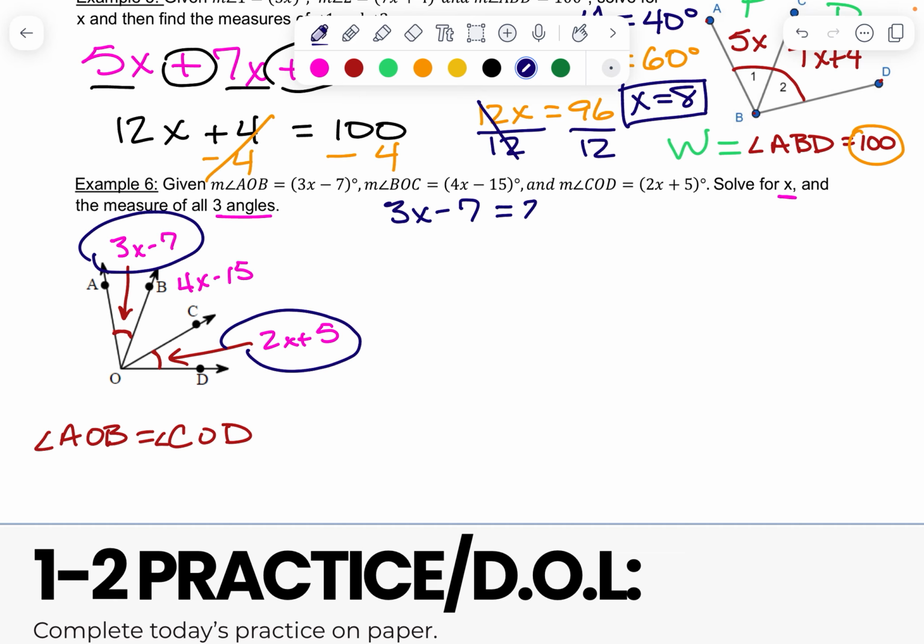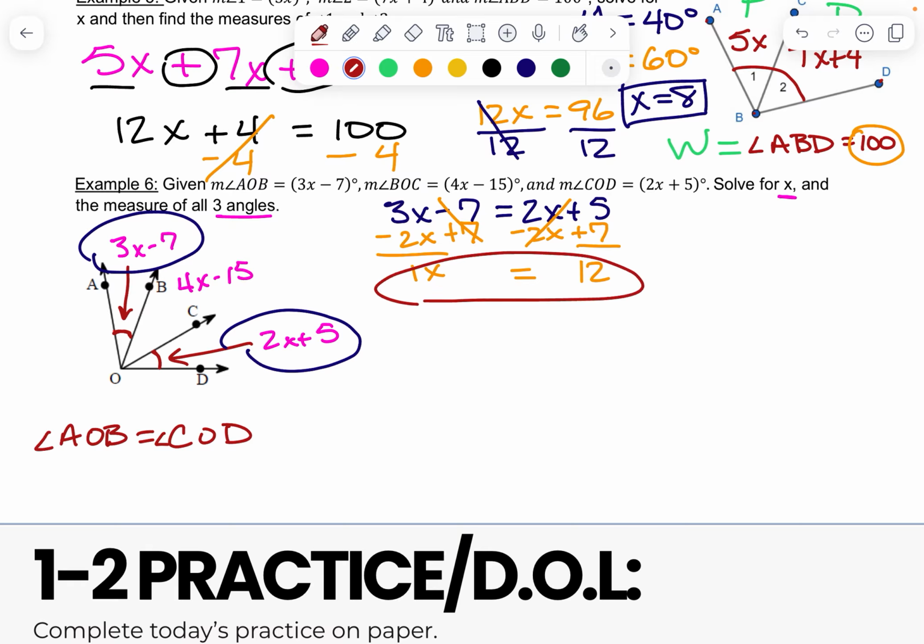And so we can just set up a quick little equation here, and then we can solve for x. So it looks like 1x equals 12. So x equals 12 is the value of x.